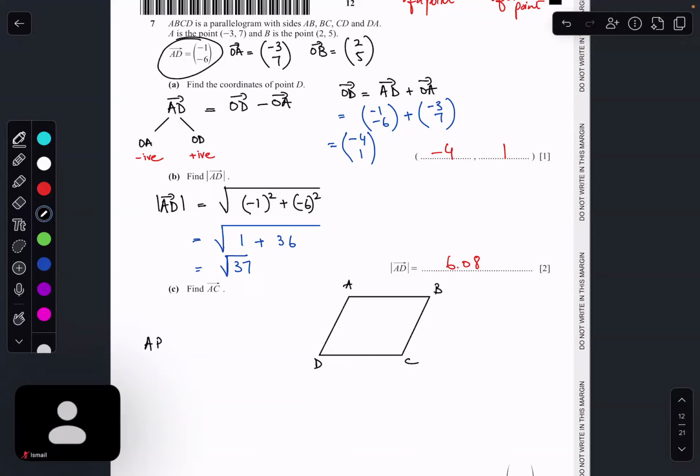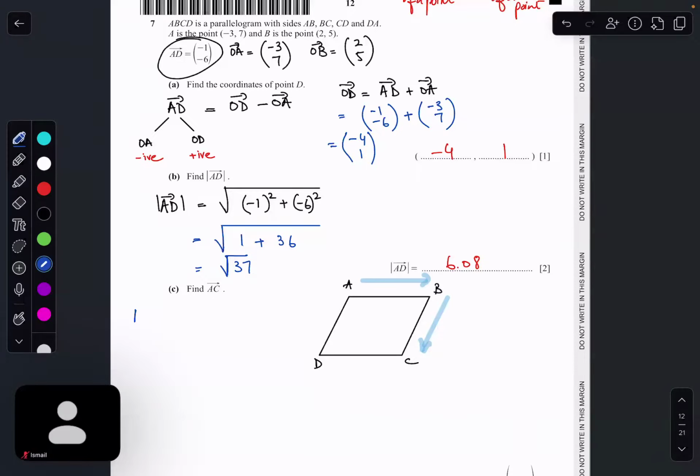In order to move from A to C, I have to move to a common point B, and then from B towards the end point. We add them when we are moving towards the common point and then from that common point towards the end point.